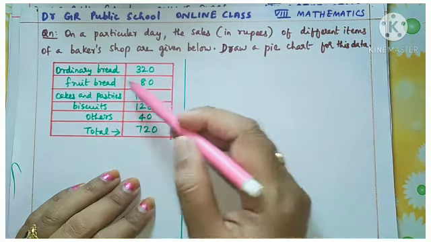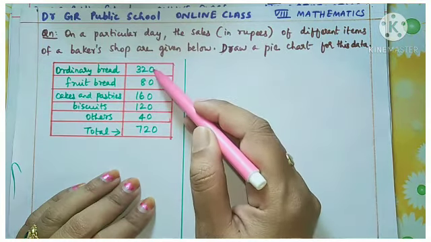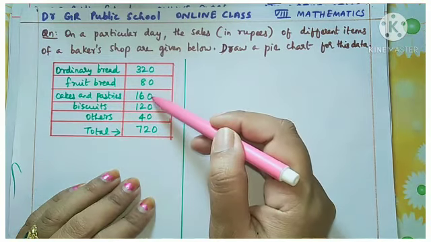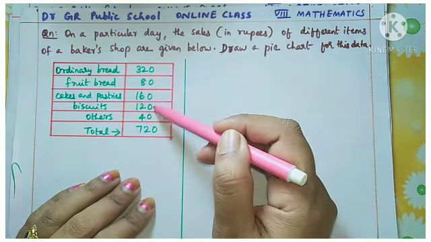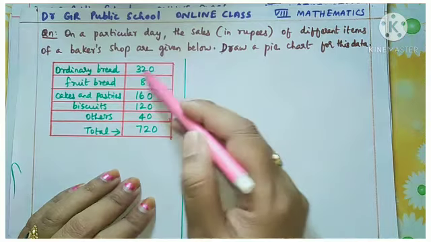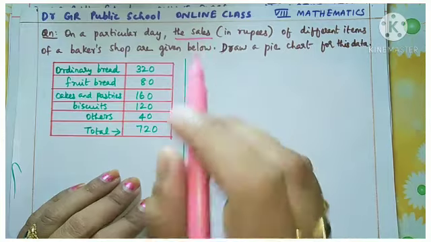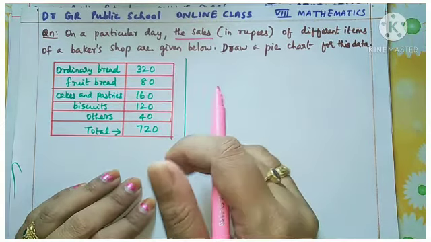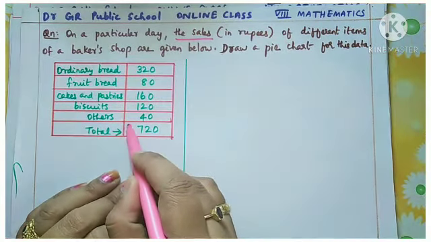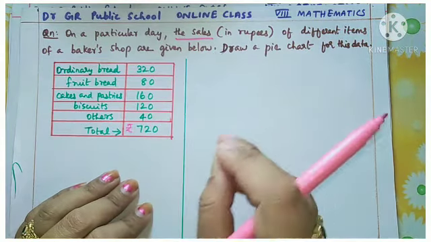Ordinary bread 320 rupees, fruit bread 80 rupees, cakes and pastries 160 rupees, biscuits 120 rupees, others 40 rupees. So these are the sales. This is not the price of the items. These are the sales, for how many rupees these items were sold that day. In total, 720 rupees of items were sold on that day.